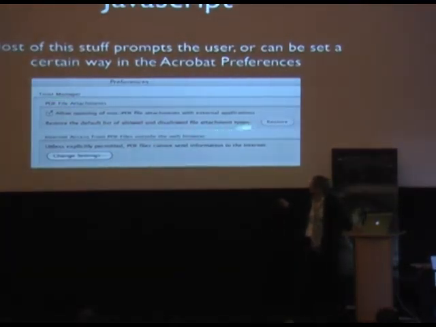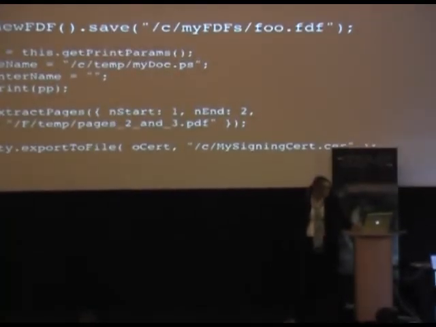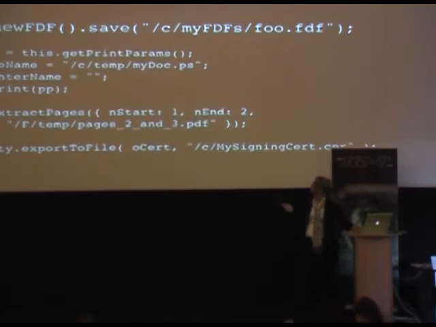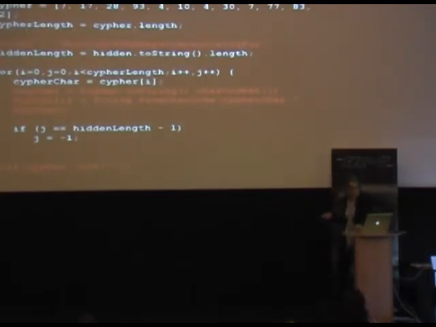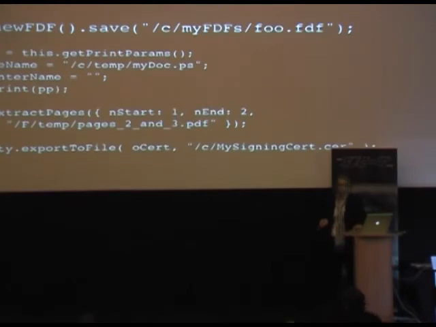Anyway, you can turn them back on if you go into your preferences and check that. Similarly, there are several methods that write files to the disk. Some of these are also restricted these days, but basically you can save form data, printer stuff, extract a page onto a new PDF document in some arbitrary location, export signing certificates and so on.